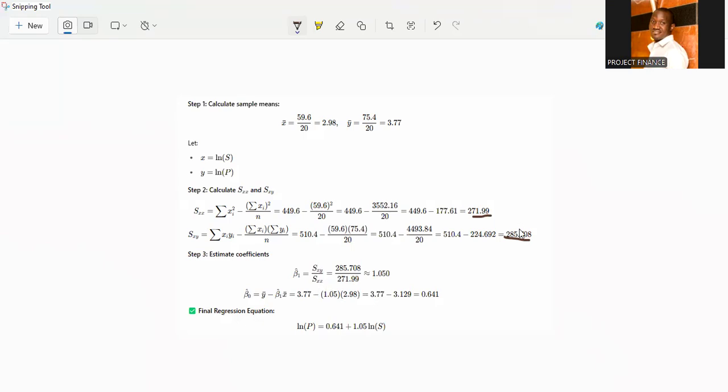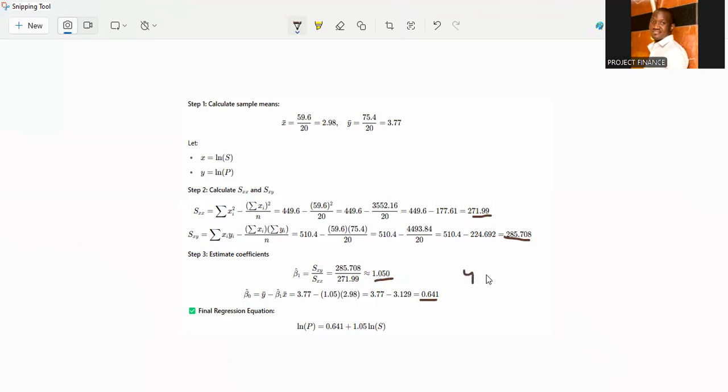So you divide xy over xx, you get 1.05. And what is the formula for the intercept? Summation of y over n minus b times summation of x over n. So the answer we found there, we substitute, we get that. So this is our b1 and our b0.